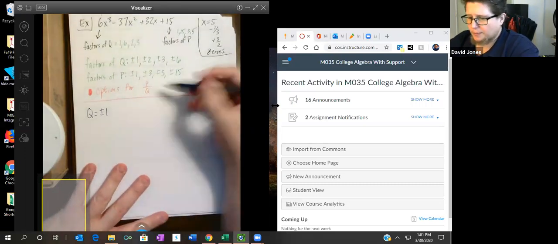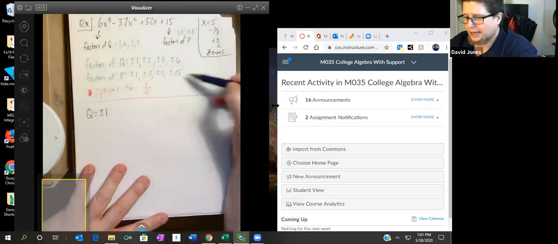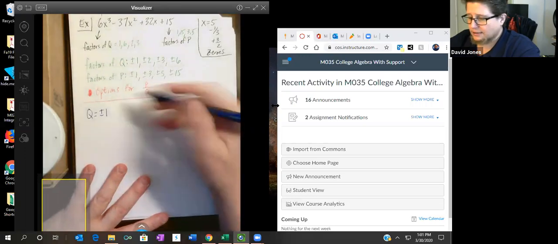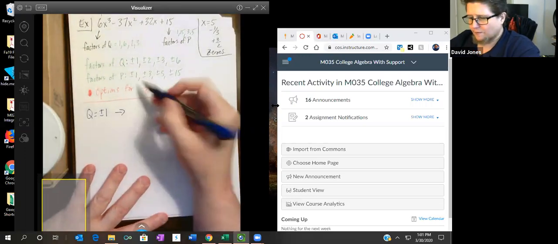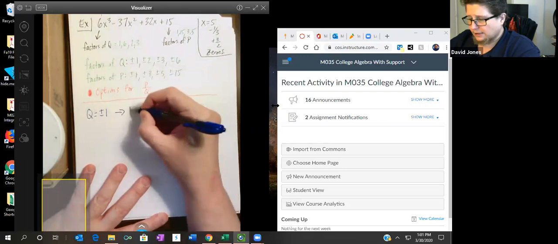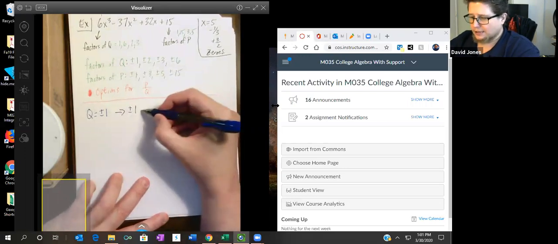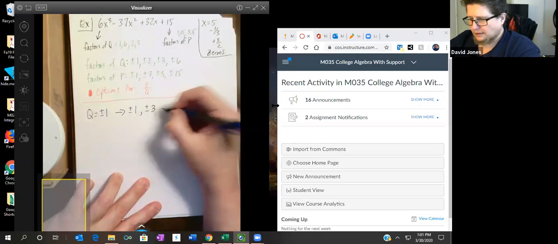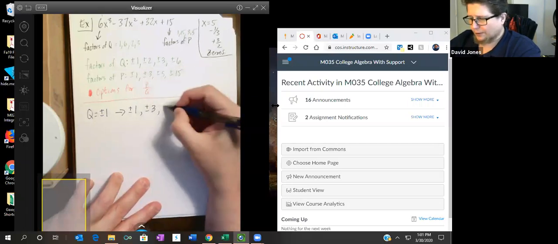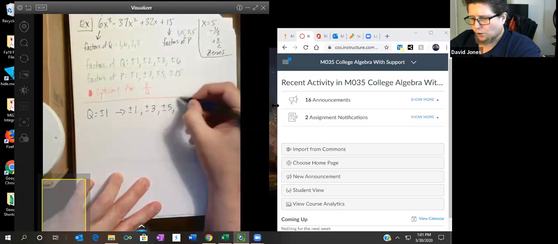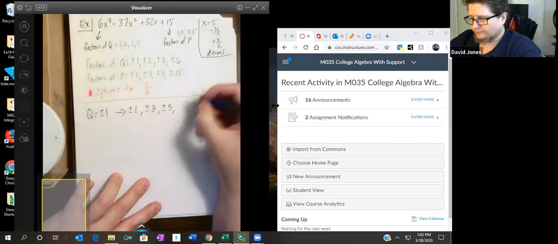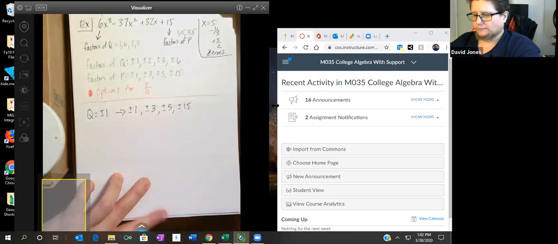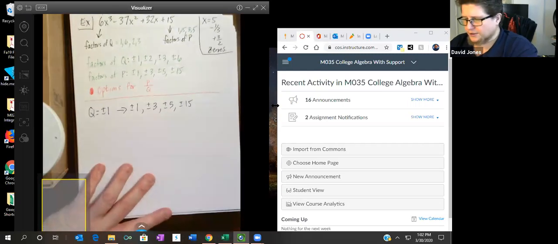I'm going to put all my factors of P over 1. So I can have 1 over 1 and the plus or minus version. I can have 3 over 1. I can have 5 over 1. Or I could have 15 over 1. So all the options for all the factors of P are automatically possible answers.